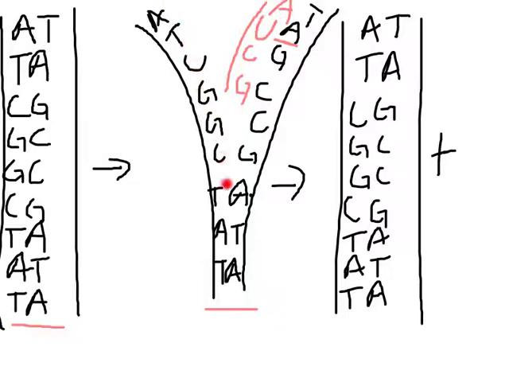RNA is single-stranded, so we only have to copy one side of the molecule to get an RNA molecule. So we're copying, and what we're going to end up with is something that looks like this.